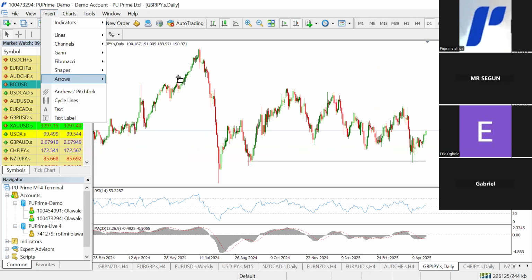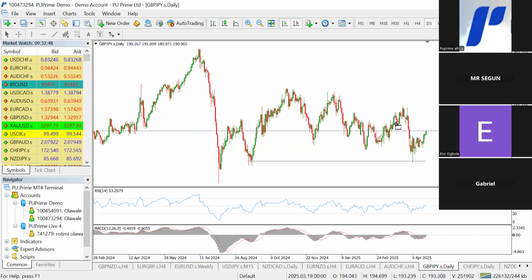So what I will advise is there's a resistance here. If price hits that resistance, then there is the possibility of having a clear entry to trade a reversal, because generally most of the GBP pairs are actually going bearish.